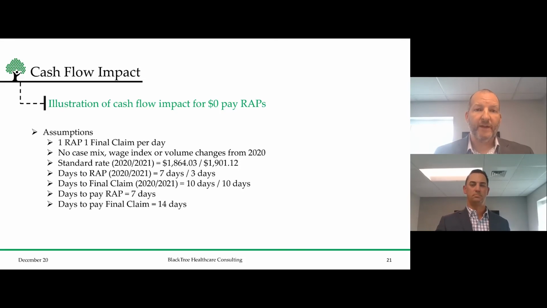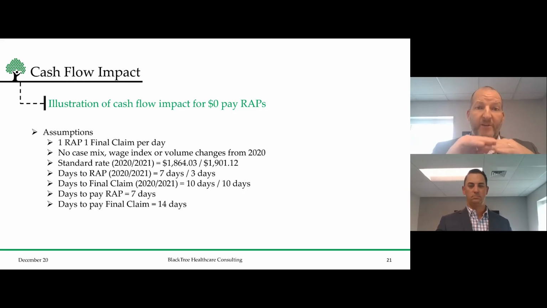So this is definitely an illustration that you can take back to your agency and make sure that there's no surprises come January, February, which are really the two months that we see significantly impacted by this, and looking at what that cash flow impact is going to be for 2021. I want to walk through this because we have a lot of questions I want to get to. In this assumption, we're going to use one wrap, one final claim per day.